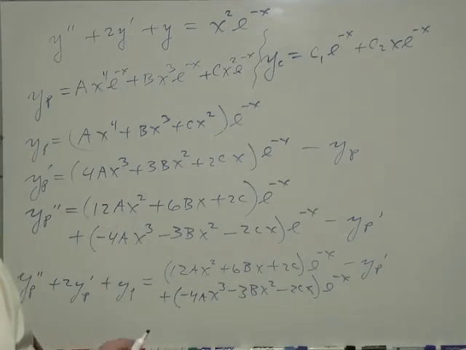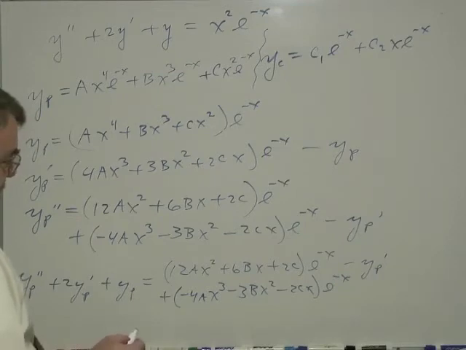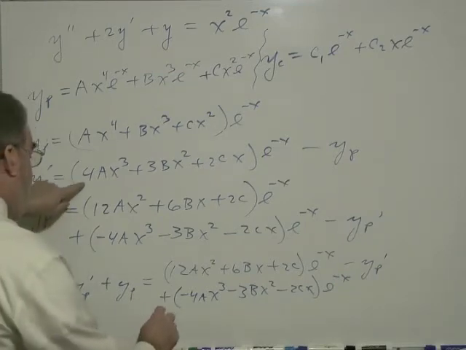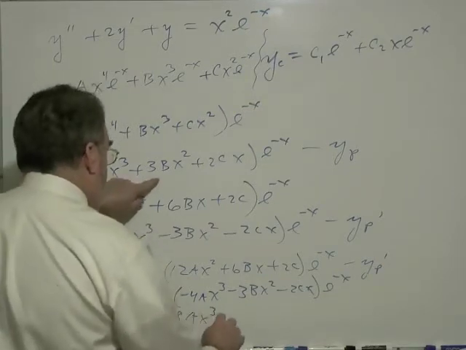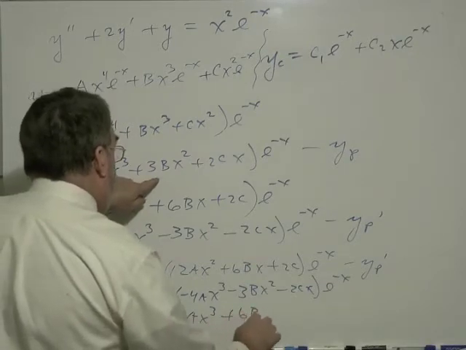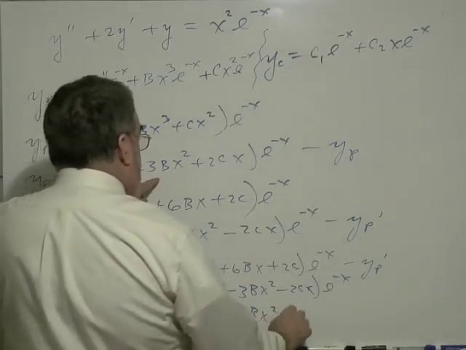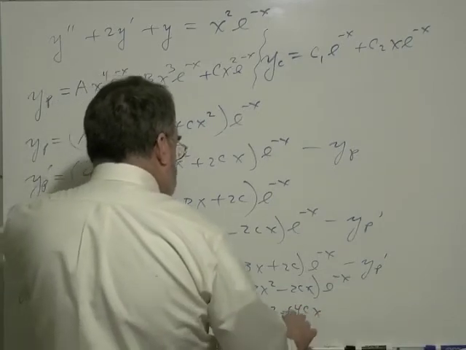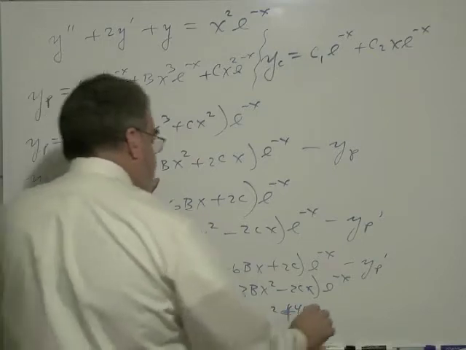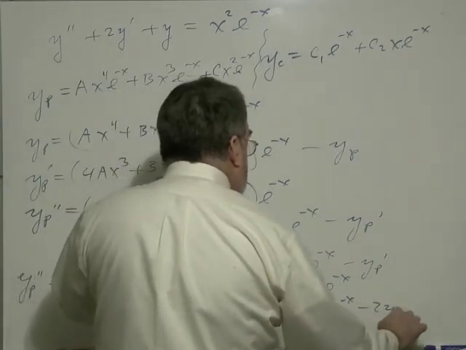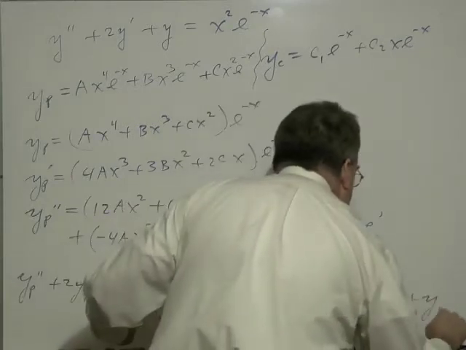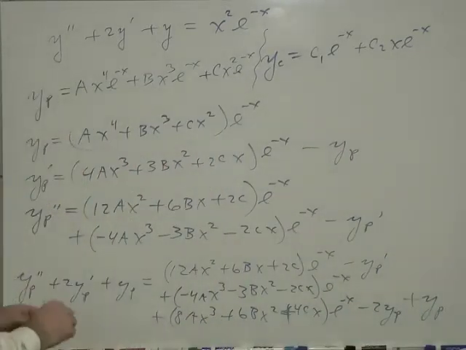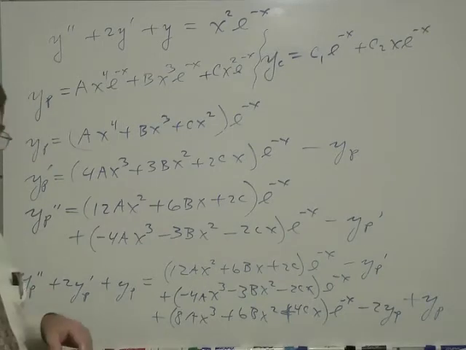Okay, so that would be plus 8a x cubed plus 6b x squared plus 4cx, plus 4cx times e to the minus x minus 2y particular, and then plus y particular. Alright, so I hope that's correct, because I don't want to redo this video.